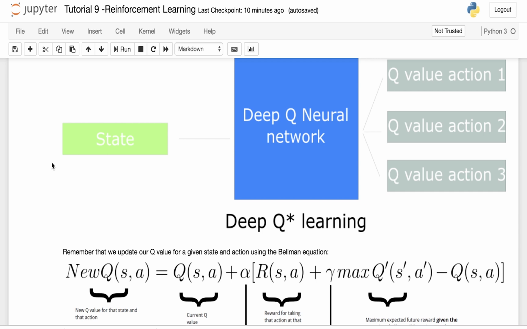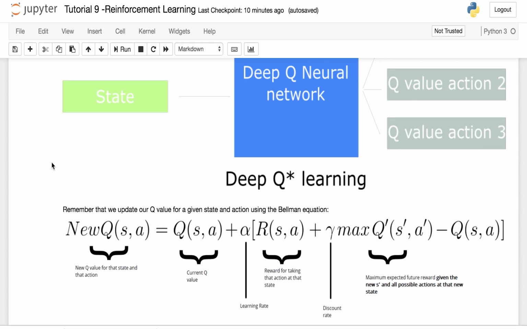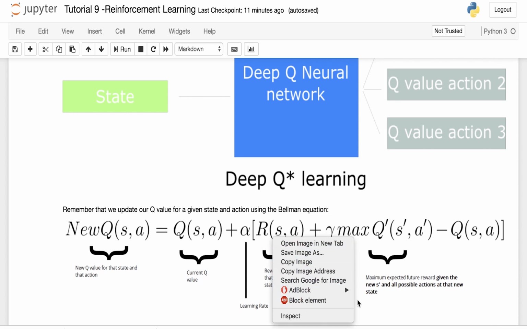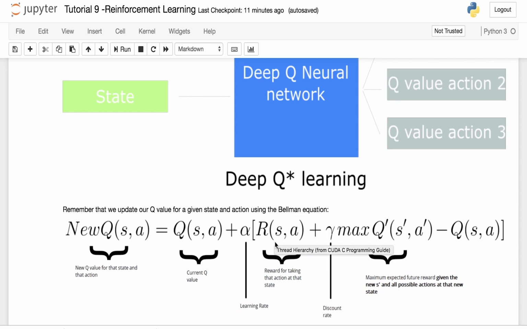Before we talk about deep Q learning, let's revise what the Q learning update strategy is. The new Q value for the current state is your current Q value plus your learning rate times the reward function, which is the reward for each action that you take.